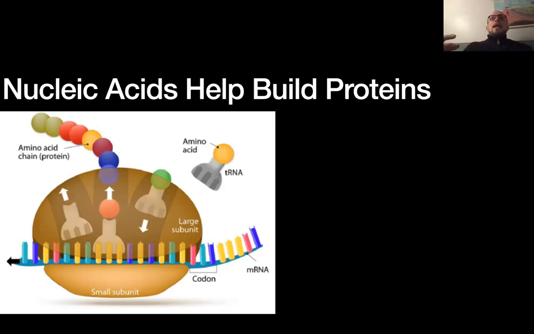Now, in your body, you have RNA and you have DNA, but there are occasions where foreign DNA and RNA can enter in and disrupt the process. This is, for example, how many viruses work.